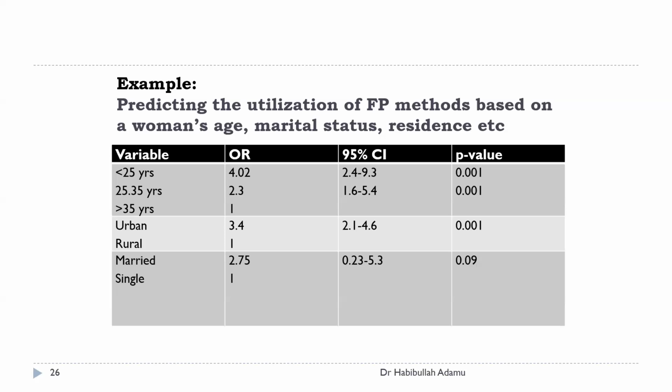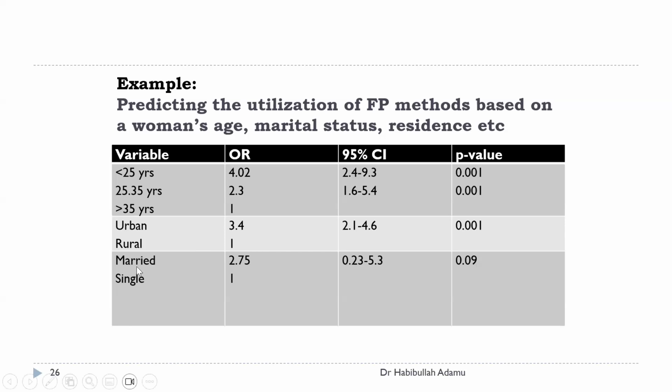If it does not include 1, then 2 pluses, then that means it is what? Statistically significant. So sometimes you can interpret your finding without even using the p-value. So if your calculation is correct, the p-value and the 95% confidence interval will all be speaking the same thing.